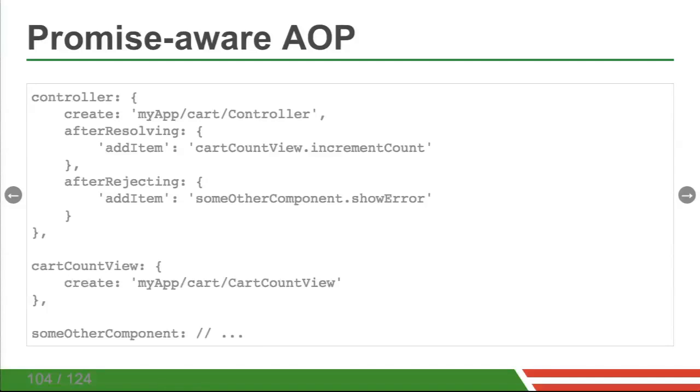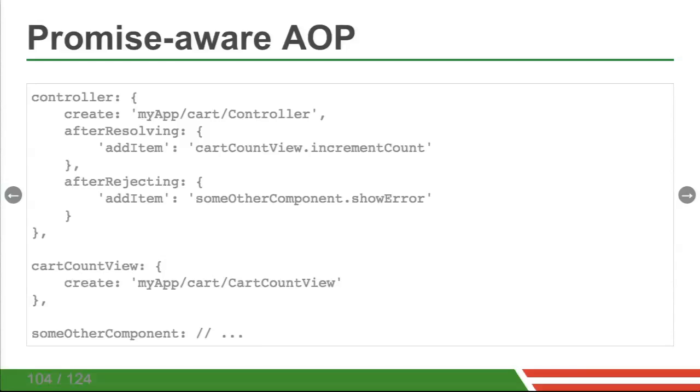Wire's AOP engine is promise aware, which is pretty cool because now you can say, hey, that promise that comes back from add item, after it resolves successfully, that means after the XHR completes, call cartview.incrementCount. And if that promise rejects, which is what happens when the XHR fails, if you've used Dojo data stores or XHR get, you're familiar with this. Or even jQuery's XHR.